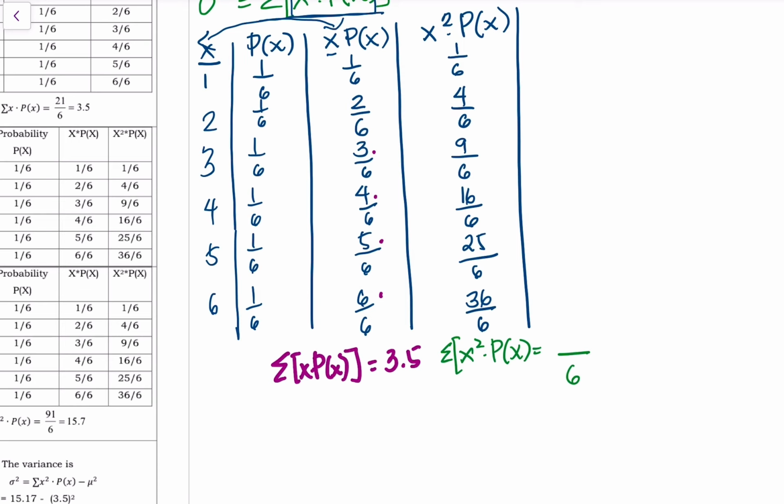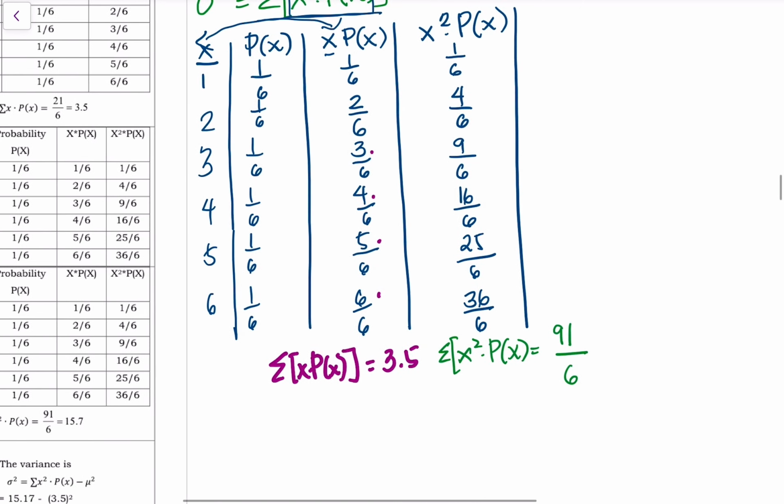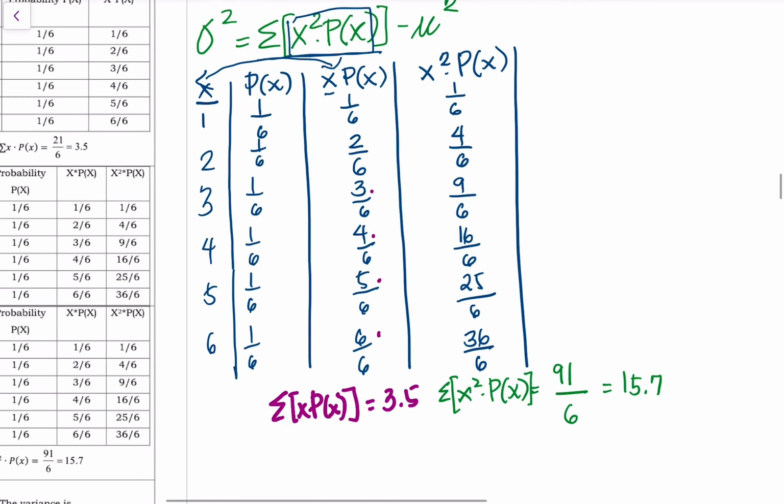So, if we add 1 plus 4 plus 9 plus 16 plus 25 plus 36, that would result to 91. Which is also equal to 15.7, right? So, kung 15.7 yan, isang part lang yan ng ating formula. Ito pa lang yan. Okay?